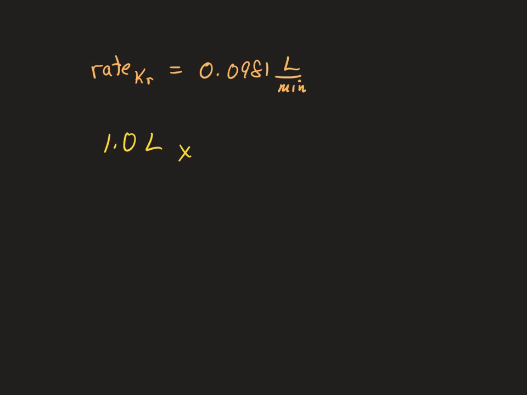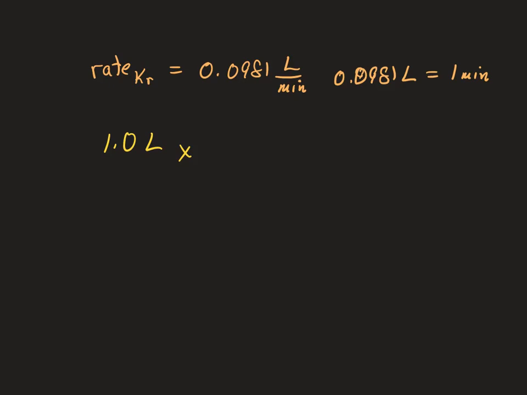Well, we can use this as a relationship like we did in unit conversions. That's the equivalent of saying 0.0981 liters escaping equals 1 minute of time.